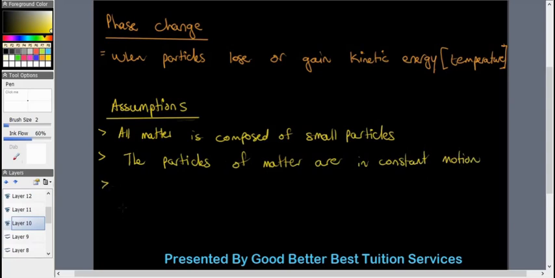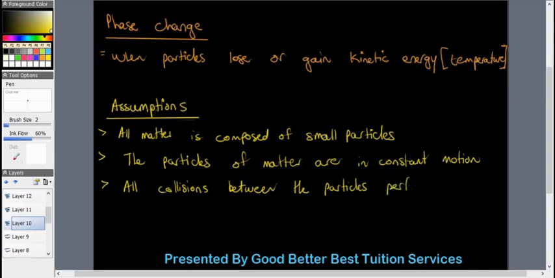The third assumption is that all collisions between the particles of matter are perfectly elastic. The particles do collide, and all collisions are perfectly elastic.